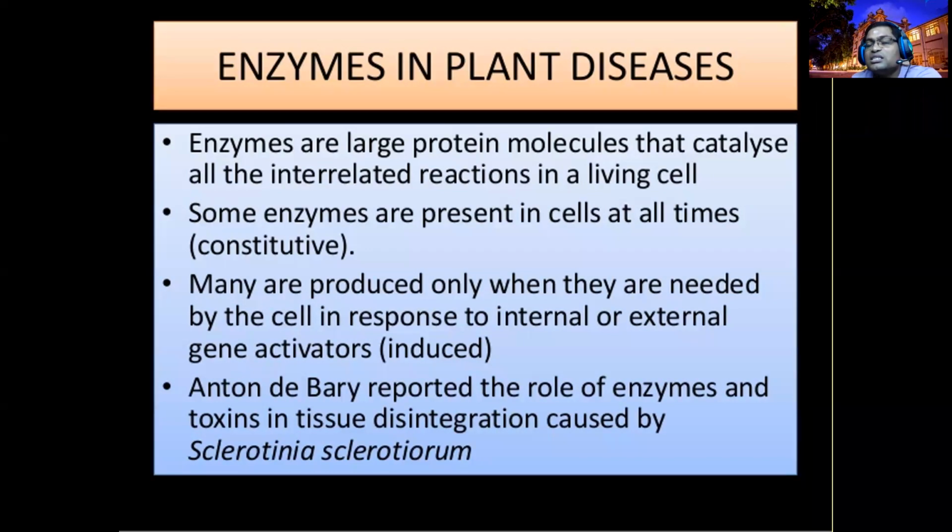Immediately after the rainy season, many plants will wilt and die. Because you don't know the reason, it is because of the collar rot. Right? Collar rot. Even damping off pathogens: the fungi Pythium aphanidermatum, Pythium debaryanum, and Phytophthora also cause damping off. These pathogens also produce enzymes.